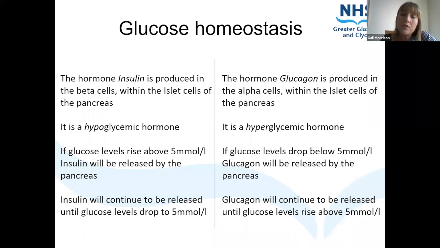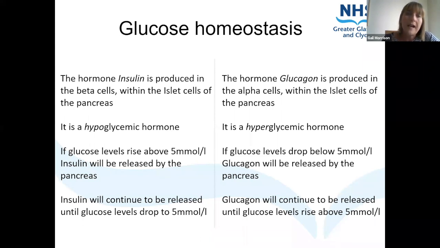If the sugar levels go too low, then glucagon is produced, which is a hyperglycemic hormone, and this will continue to be produced until the glucose levels rise above 5 millimoles per litre. This is how the body balances the amount of sugar in the body, so that all the organs can work at their optimum point.